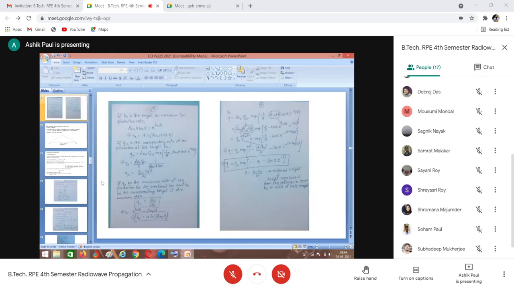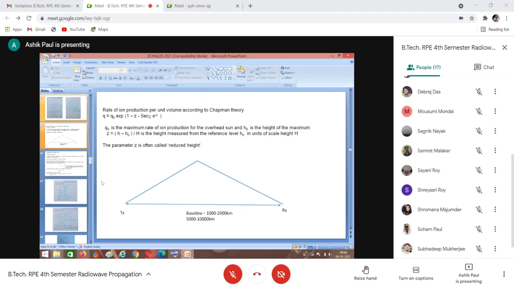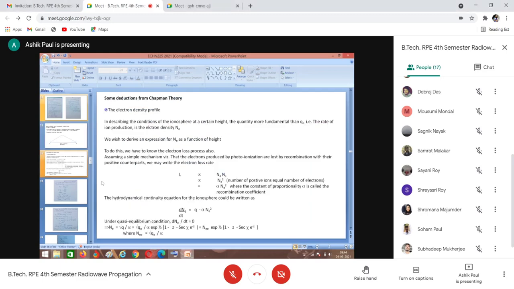And before that we had, I think, also derived this relation, right? The electron density profile. Yes, sir. Yeah. So that was the original objective, that is to have an idea about how the electron or ionization density varies as a function of height.